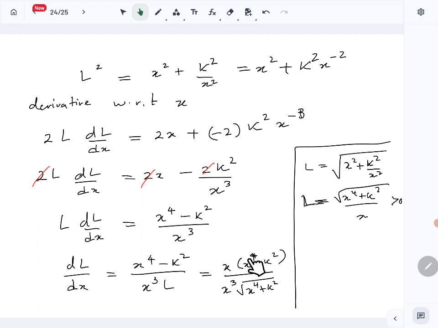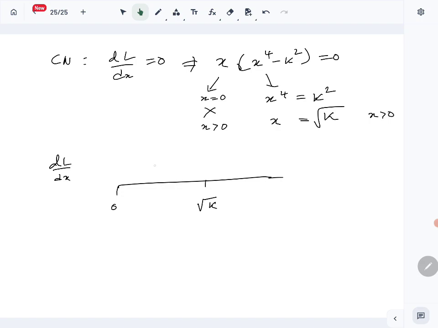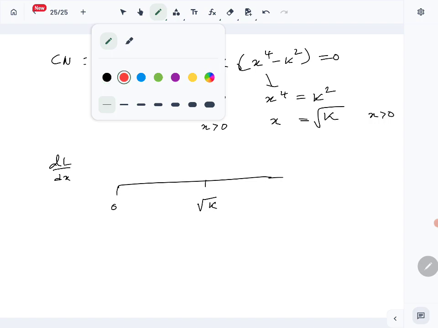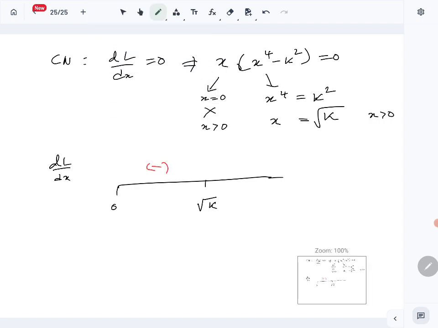What happens? We can take half square root k. So this will turn into a negative value. So this is negative. When greater than square root k, this becomes positive, the derivative sign. So what is this shape? Decreasing, increasing. So that is a minimum.